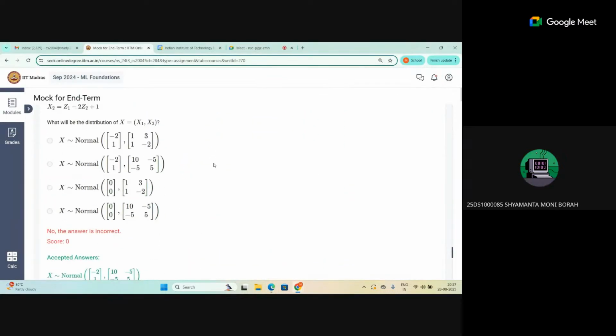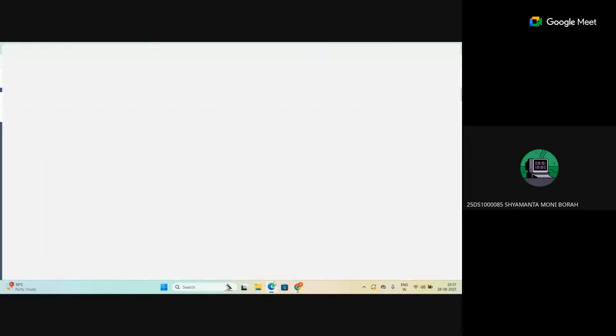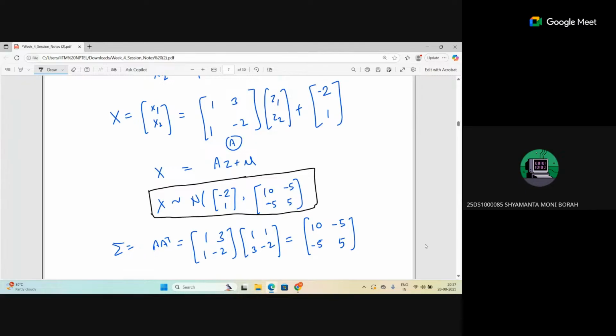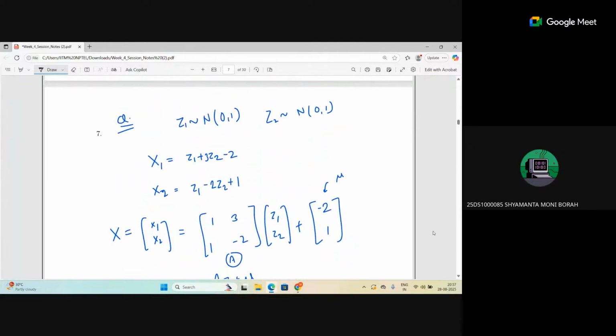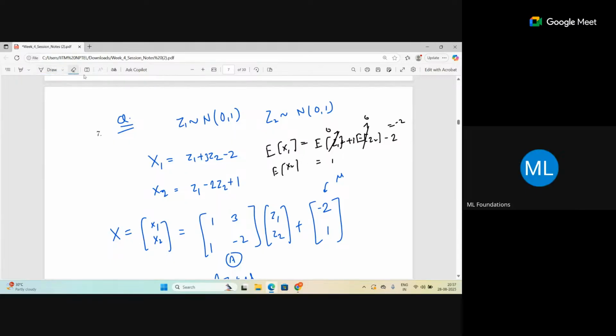Sir, here we can do one thing: go to the expression of x1 and x2. We can find the expectation of x1 as the expectation of z1 plus 3 times the expectation of z2 minus 2. The expectation of z1 is 0 and of z2 is 0, so the expectation of x1 is minus 2, and the expectation of x2 is 1.